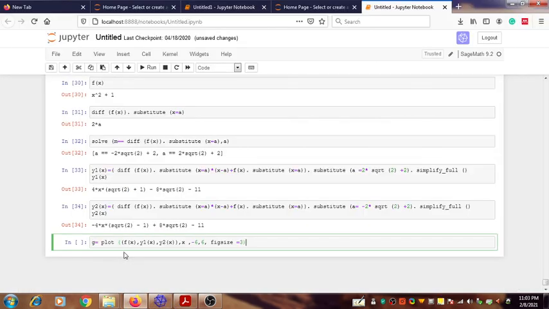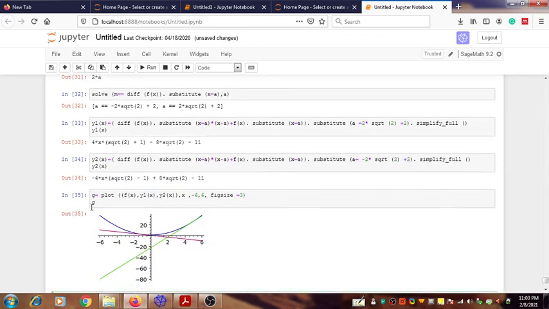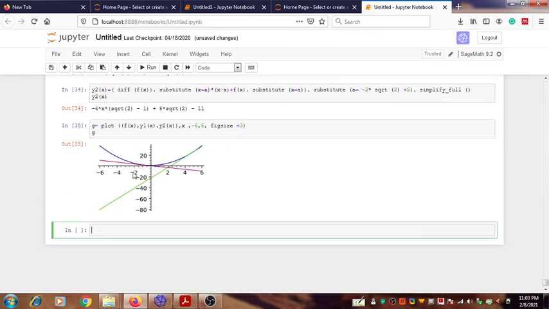Then for taking the output you have to type G again, and then you can take the output. Yeah, we have got that very successfully. We have got that figure. You can see the curve in blue, one tangent in red, and the second tangent in green color.